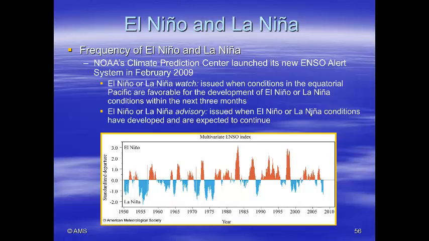An El Niño or La Niña watch is issued when conditions in the equatorial Pacific are favorable for the development of El Niño or La Niña within the next 3 months. An El Niño or La Niña advisory is issued when El Niño or La Niña conditions have developed or are expected to continue.